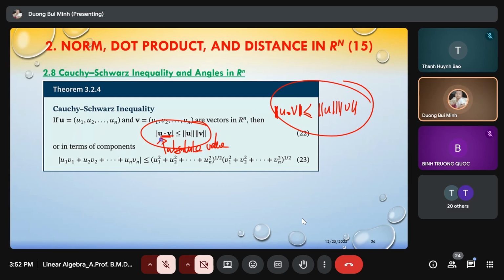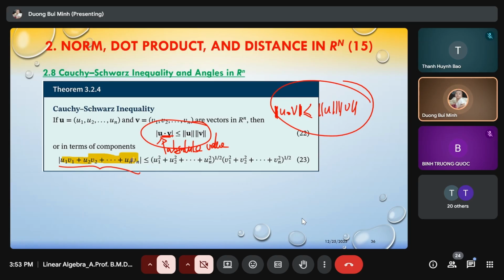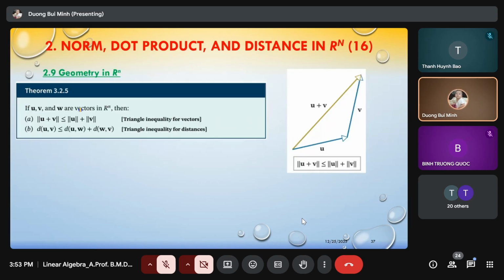So the magnitude of U dot V is u1 times v1 plus u2 times v2 plus un vn, less than or equal to the norm of U. We take the square root, or the power of 1/2, and we have this here, to the power of 1/2. This is Cauchy's inequality.